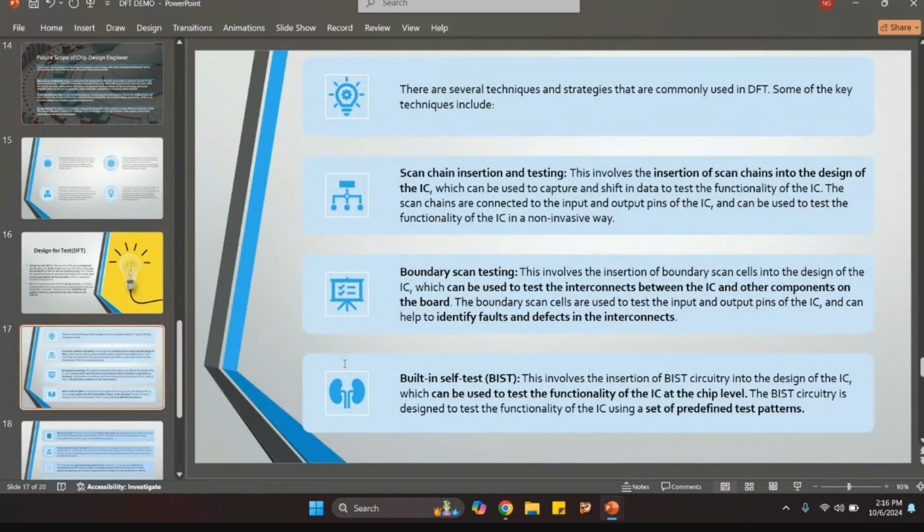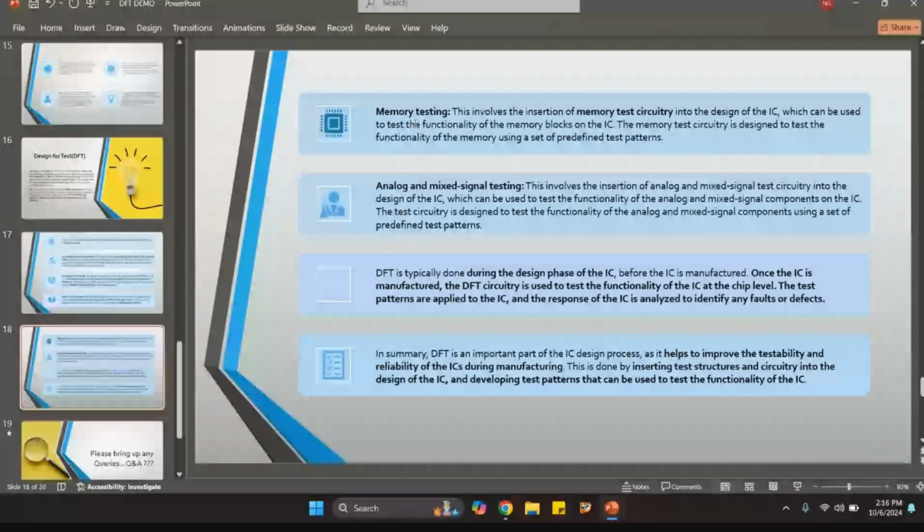There are, I would say, three different stages in DFT. One is scan chain insertion and testing, boundary scan testing, and built-in self-test mechanism. These are the things that you will be learning. And for memories like RAM, ROM, there is separate memory testing.